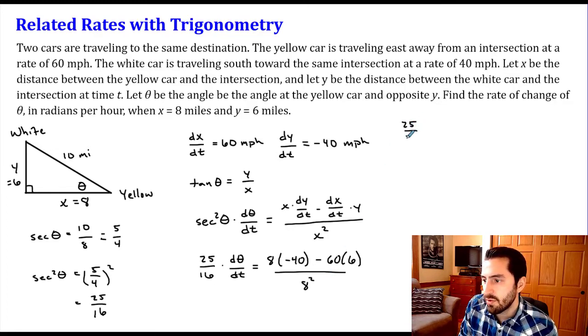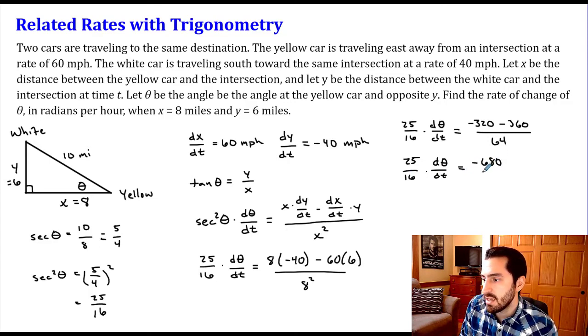So we have 25 over 16 times the rate of change of theta. 8 times negative 40 is negative 320. And then 60 times 6 is minus 360, over 8 squared, which is 64. So 25 over 16 times the rate of change of theta equals negative 320 minus 360, which is negative 680, over 64.